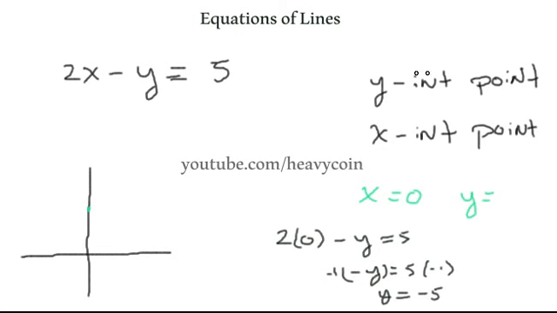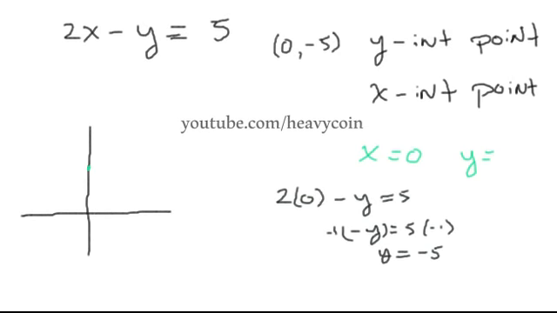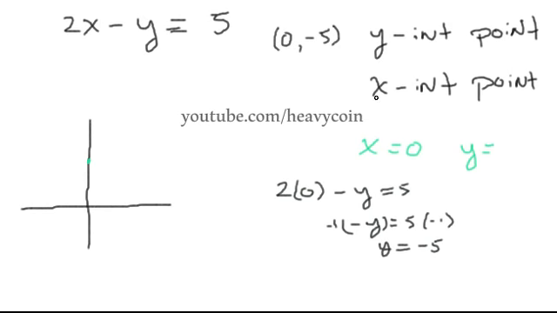Negative 1 times negative y is positive y, so y is equal to negative 5. So we know that our y-intercept point is x was 0 and y is negative 5. Now we want to find the x-intercept point. First let's go ahead and find this point right here, 0, negative 5.